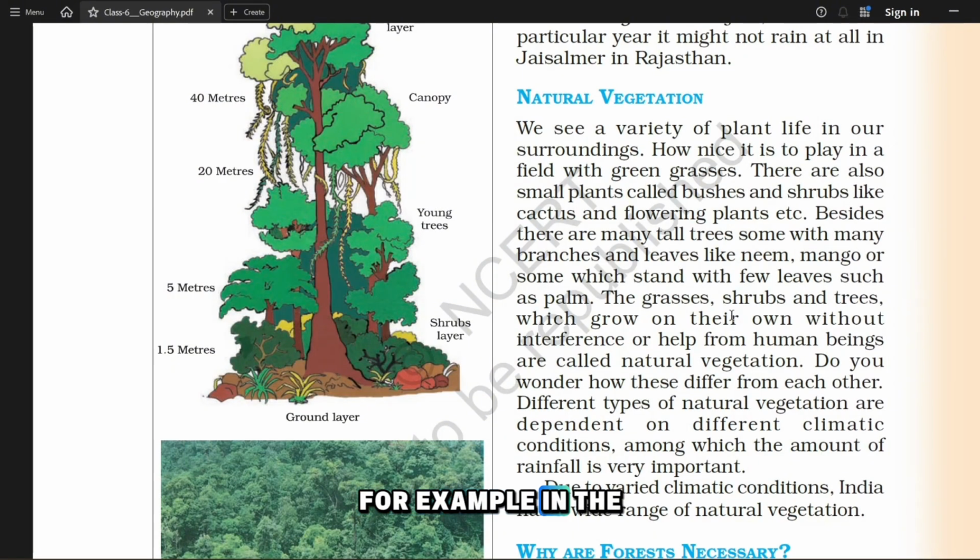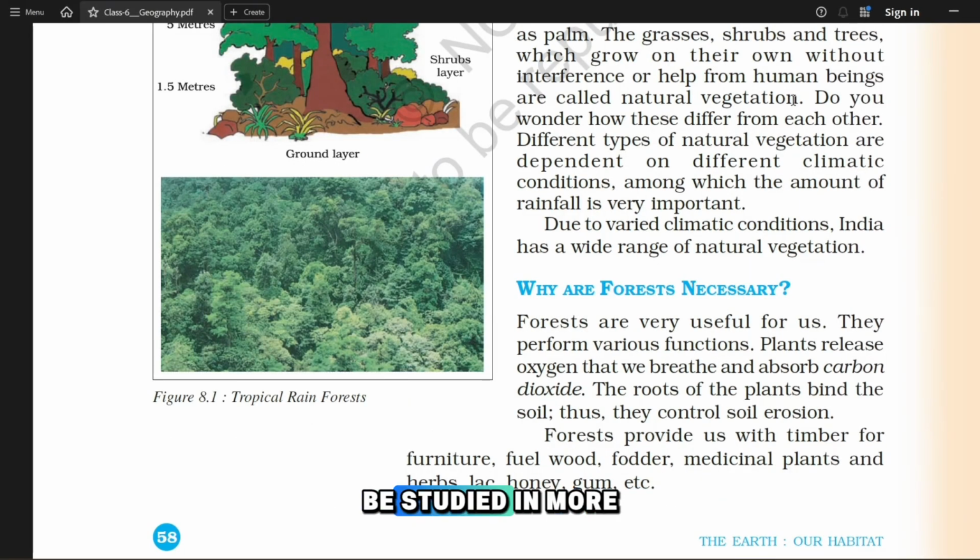For example, in the desert region, we find only certain types of plants that can survive with less water. In the grassland region, wide stretches of grasses grow, and these are called grasslands. In the Himalayan region, we find coniferous forests like pine or deodar. So, different climates and regions support different types of vegetation. And these topics will be studied in more detail in class 7. So, don't worry about that.